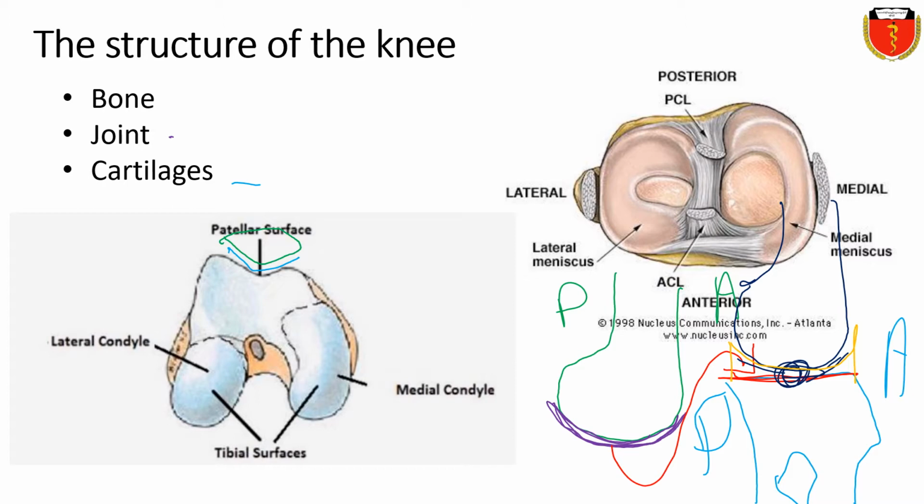So in order to improve the ability to distribute weight throughout the surfaces of the femur and the tibia, the meniscus acts as a space filler between those gaps. It also improves the stability around the knee because it acts like a pocket that locks the femur on the plateau of the tibia.